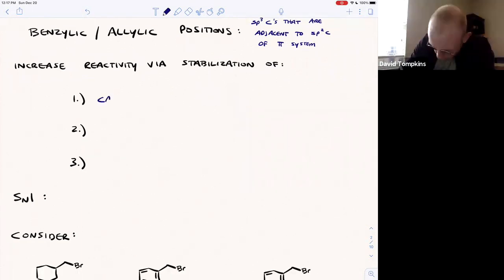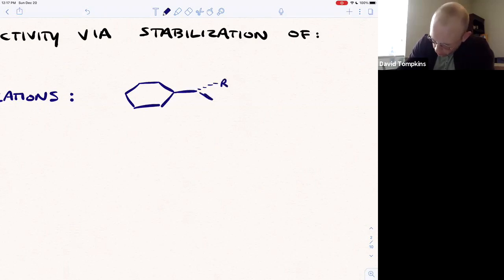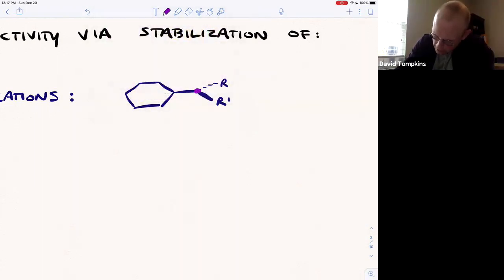First of all, they stabilize cations, or if you have some benzylic or allylic position where there's an electron deficient atom, such as a carbocation, where there are three groups in a trigonal plane, and this carbocation, of course, has sp2 geometry with an empty p orbital.